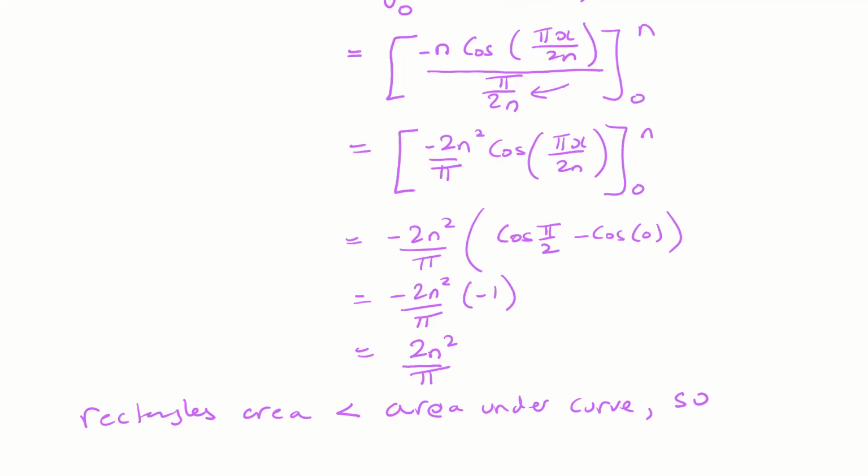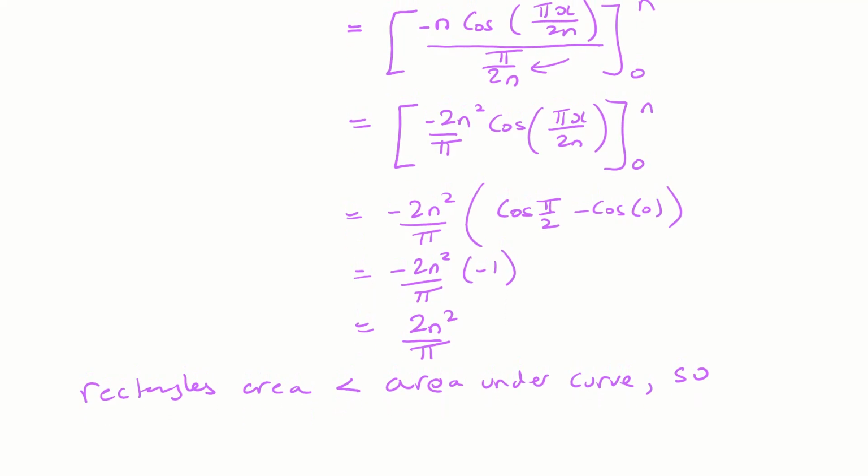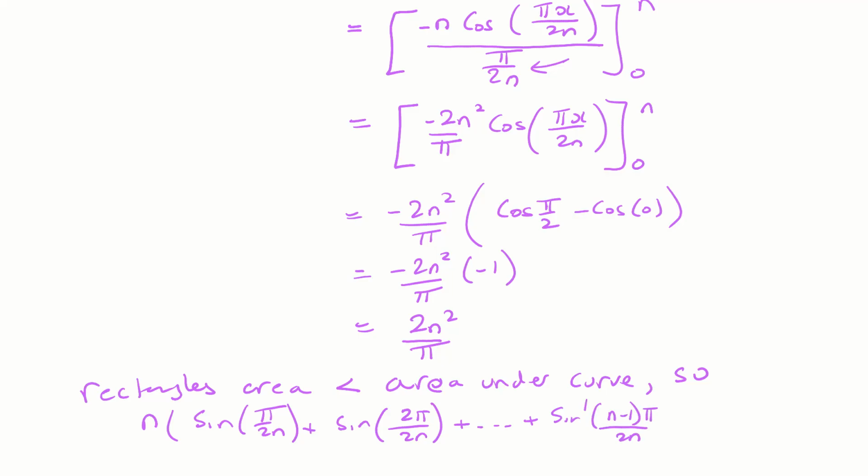So that is going to give us that n into sine pi on 2n plus sine 2 pi on 2n, and so on up to sine n minus 1 pi on 2n is less than 2n squared on pi.